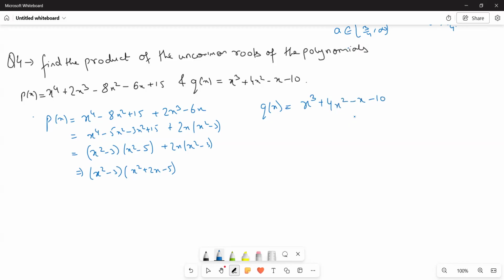It's a cubic. So we try to find a root. अब इसमें तो ऐसे terms है नहीं जो factorize हो जाएंगे. So what we do is we try to find a root by hit and trial.